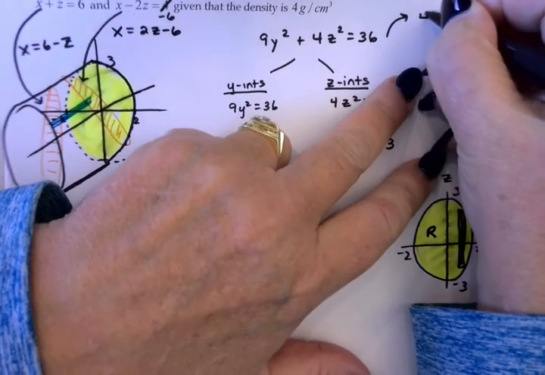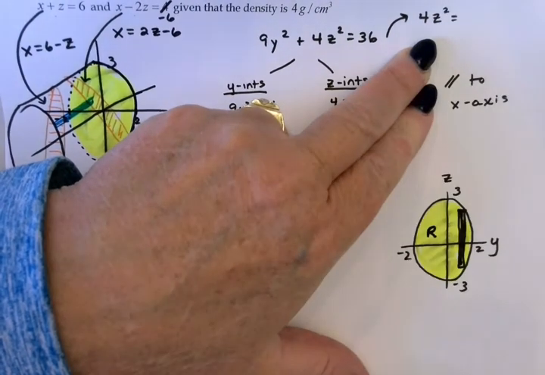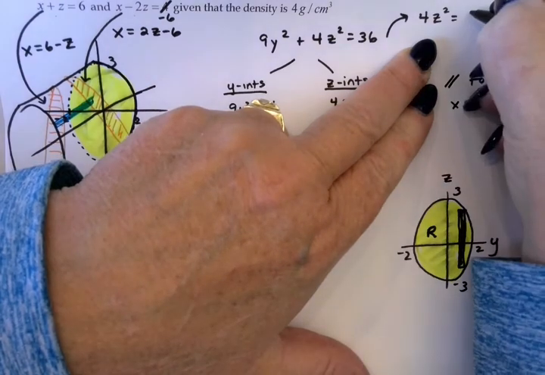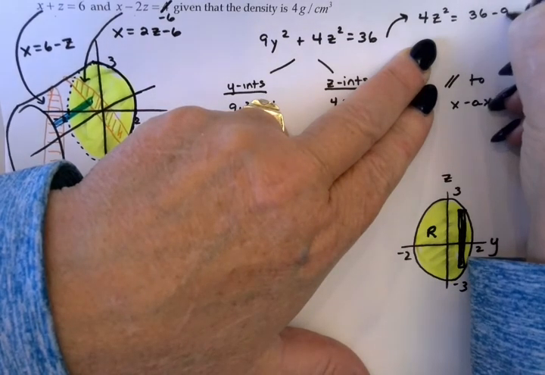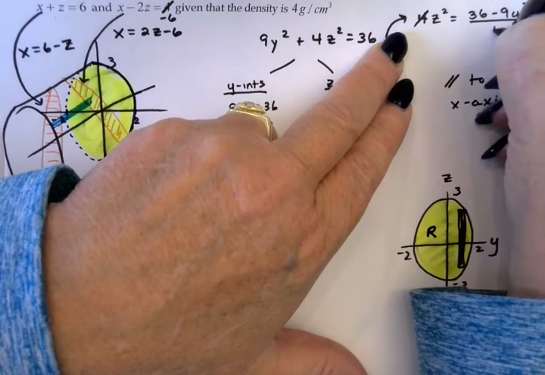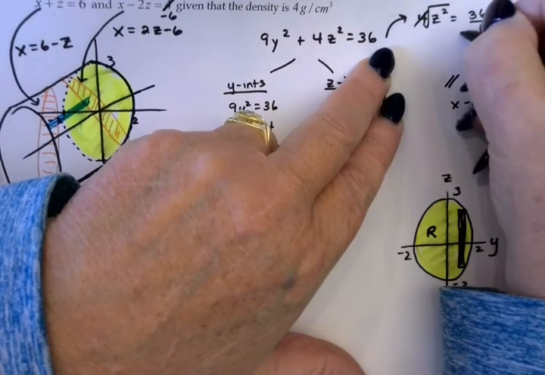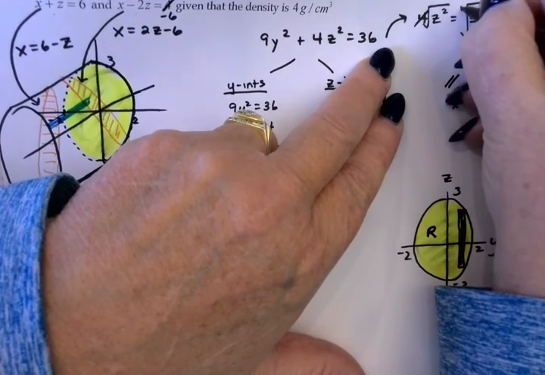Let's see, 4z squared is going to be 36 minus 9y squared. We'll divide by 4 and then take the square root with a plus or minus.